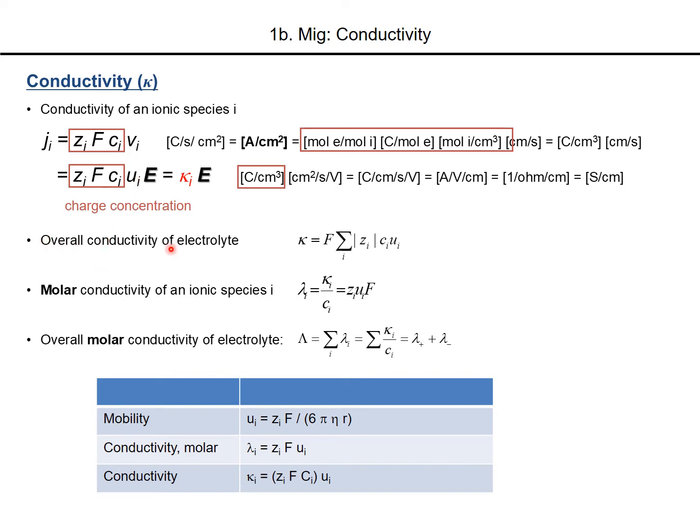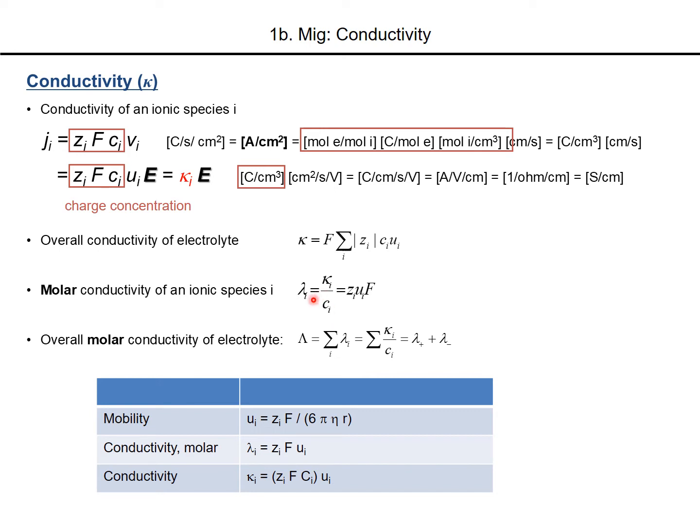Overall conductivity of electrolyte, kappa, is the summation of kappa of each species. Molar conductivity of an ionic species i, lambda i, is equal to kappa i normalized by the concentration of the corresponding species.